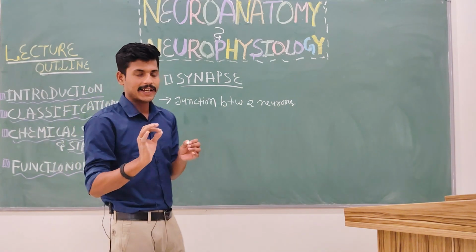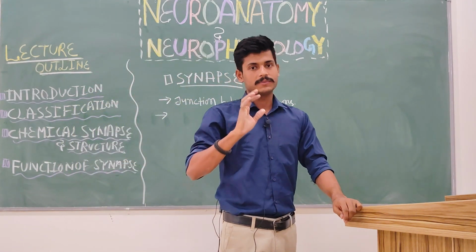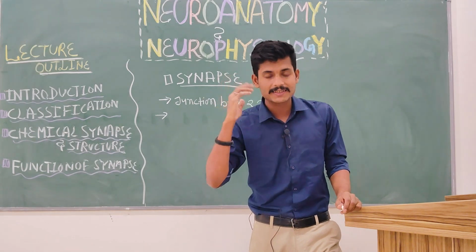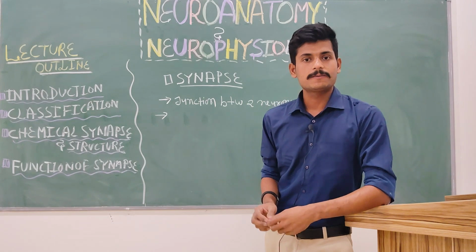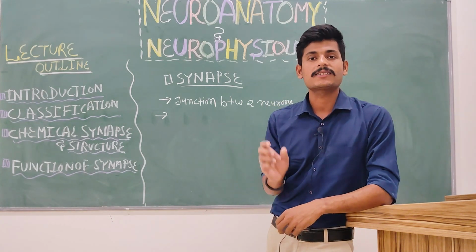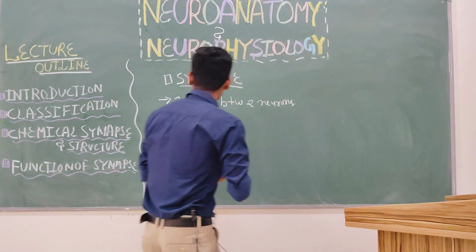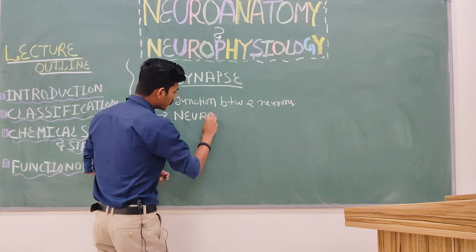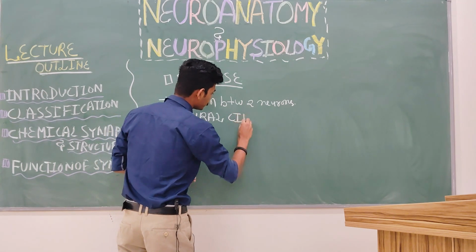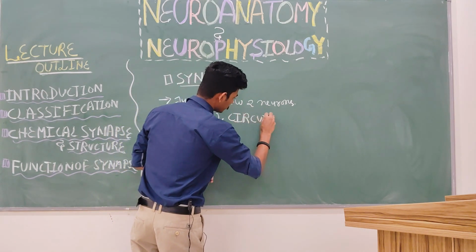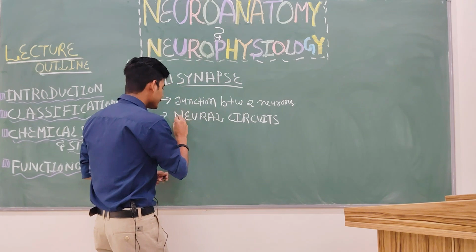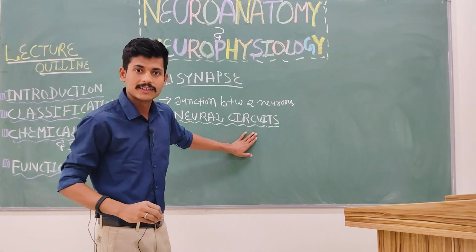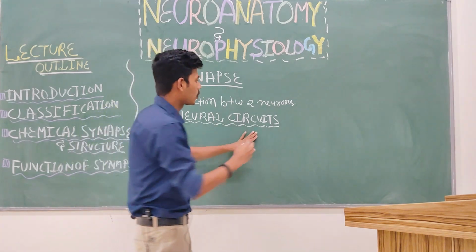Write it down: in our central nervous system there is a presence of various kinds of circuits that we term neural circuits, and these neural circuits serve for communication.